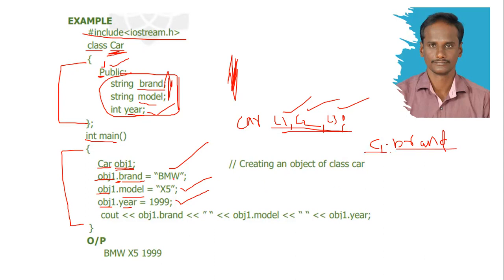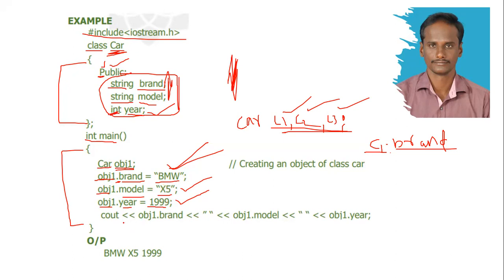For initializing values, object name dot member name is equal to the value you want to use. You should just see the difference here. We have used double quotes for these data members when assigning values, but not here, because these two are declared as string variables. That's why we have enclosed them in double quotes. Here the year is defined as an integer. That's why we have used a number here.